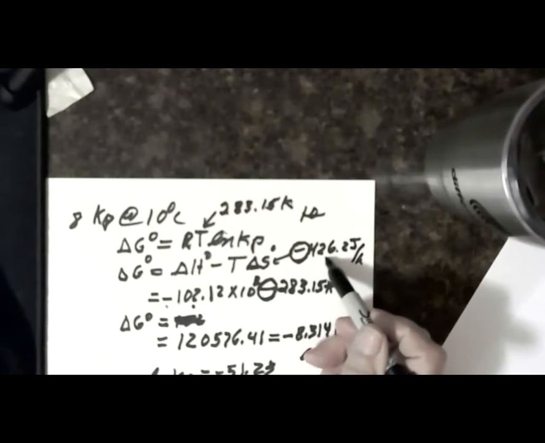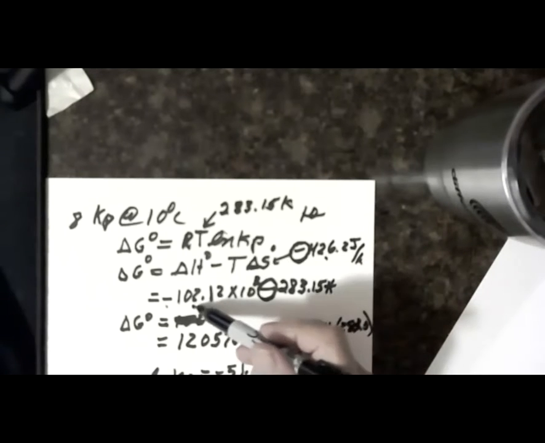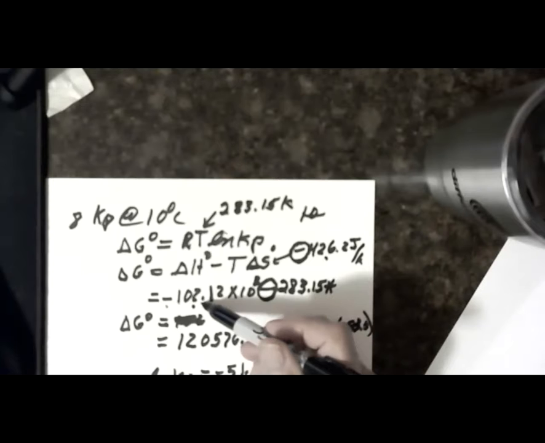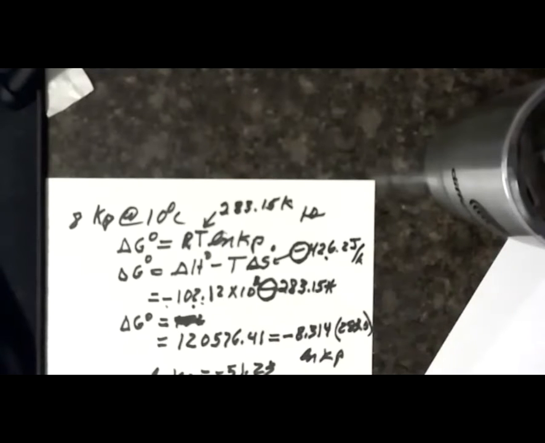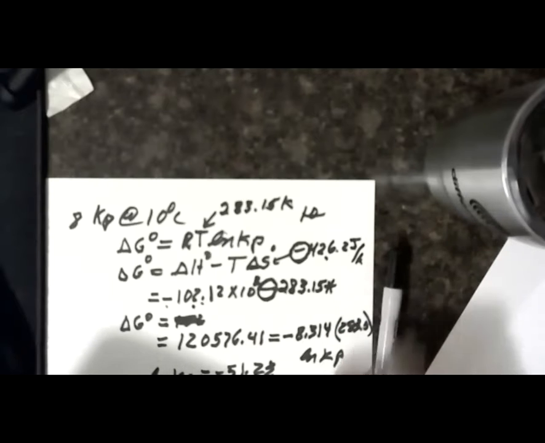Times this is that number, minus 102.15 is this. And it looks like I've come up with essentially the same number again.